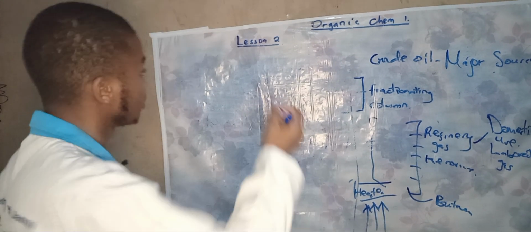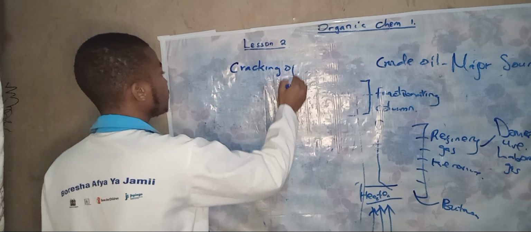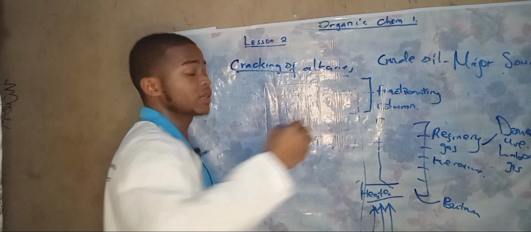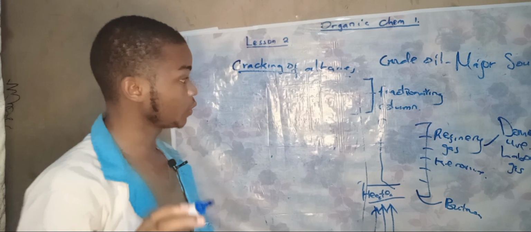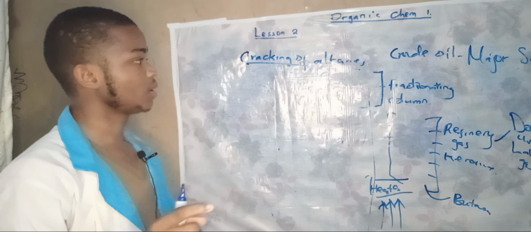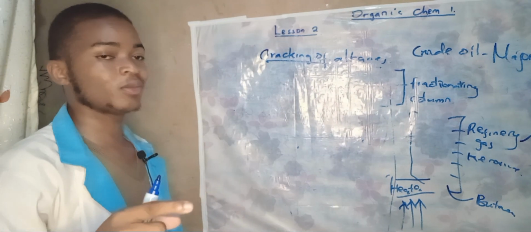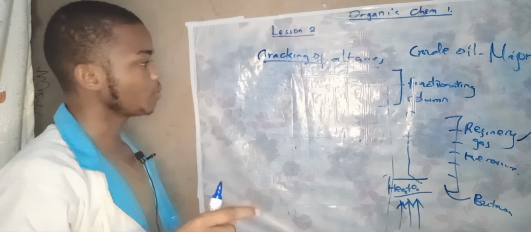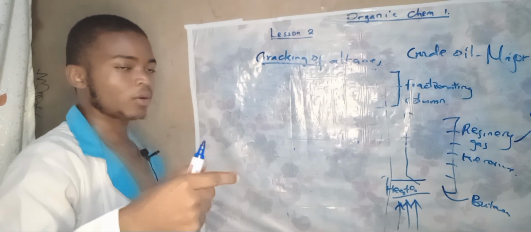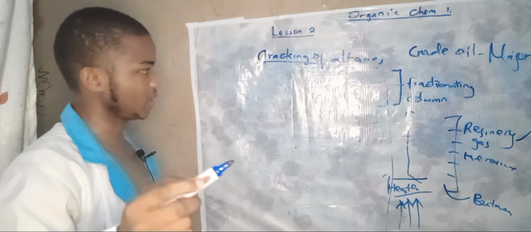Our next subtopic will be cracking of alkanes. There is one key thing that we will always remember. We started by stating that carbon atoms form bonds with more carbon atoms, forming a very long chain.